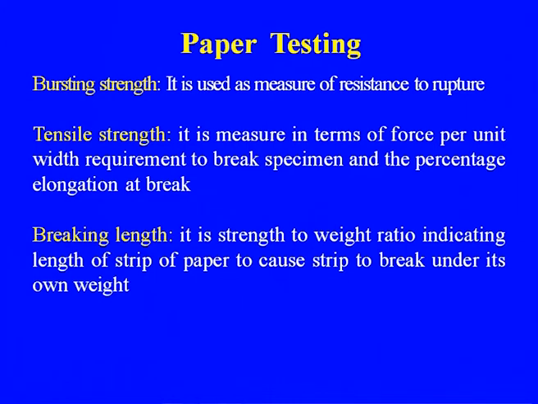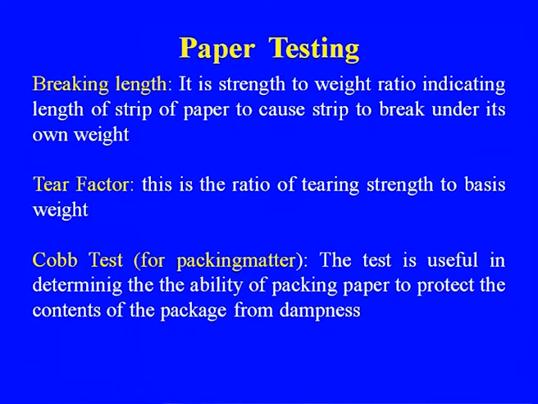Breaking length is a strength to weight ratio indicating the length of a strip of paper that would cause the strip to break under its own weight. These are some of the properties very important in case of the board or the white paper.